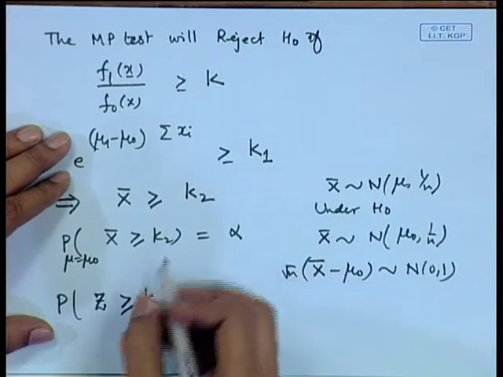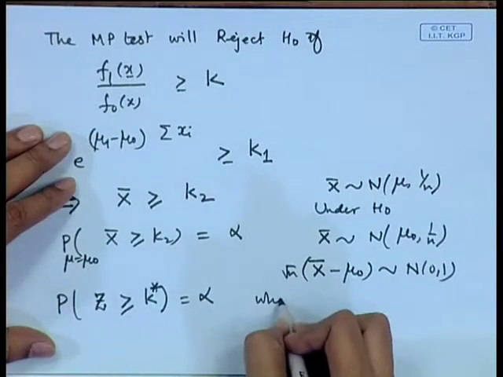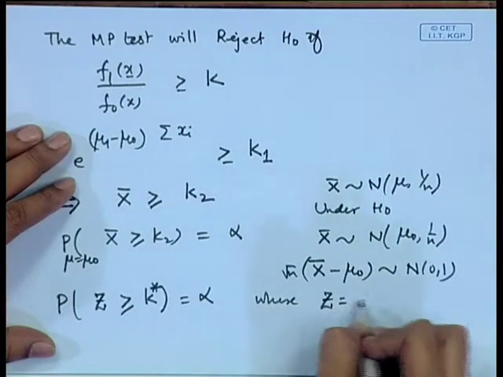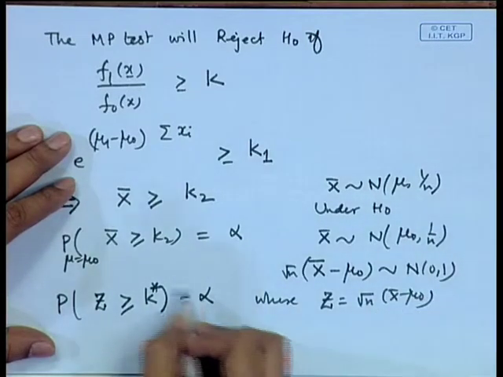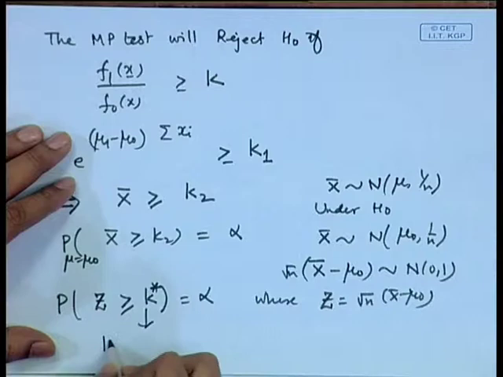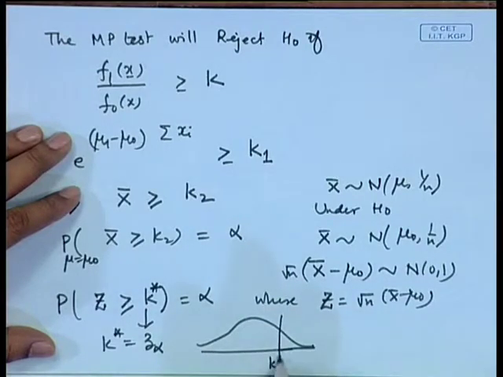In place of k, let me write here k star, where Z is defined to be root n x bar minus mu naught. So, this point k star becomes the upper 100 alpha percent point of the standard normal distribution. This is the point k star. This probability is alpha. Therefore, this k star is actually z alpha point here.